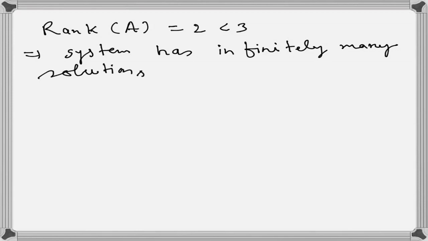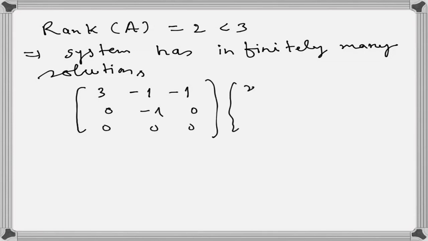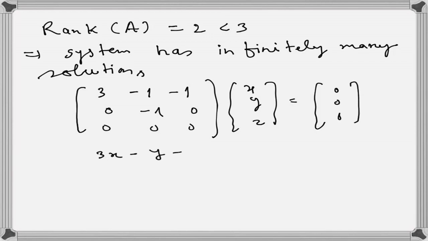Okay, so let's take the reduced system of equations. 3 minus 1 minus 1, 0 minus 1 0, 0 0 0, and x y z equals 0 0 0. Alright, and this gives us 3x minus y minus z equals 0 and y equals 0.